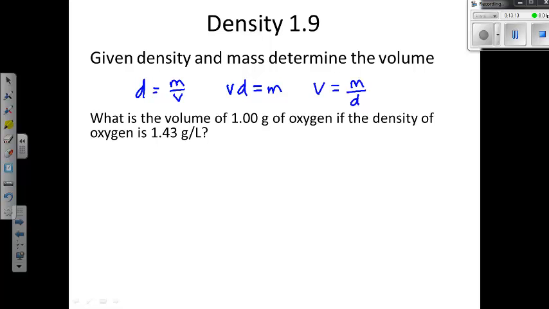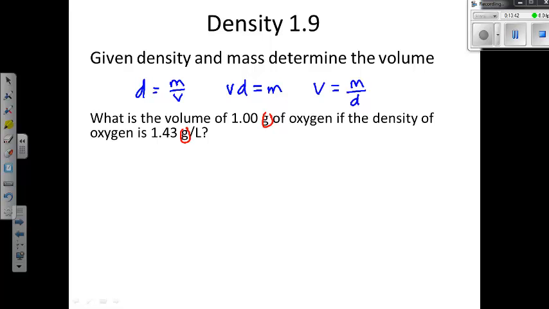So I have 1.00 grams of oxygen, with a density of 1.43 grams per liter. What's going to be the volume? Okay. Well, grams and grams are okay, so they will cancel out. They agree, right? Gram and gram agree, so that's fine. I can leave it the way it is.